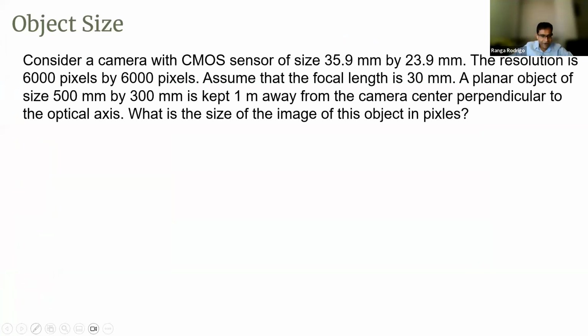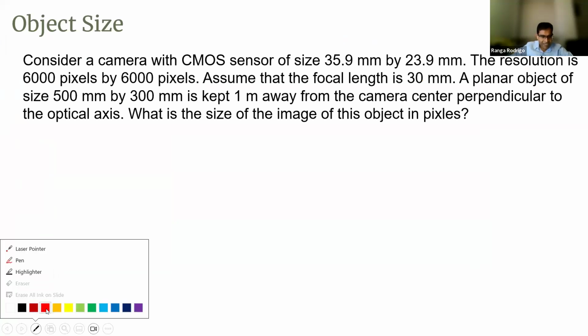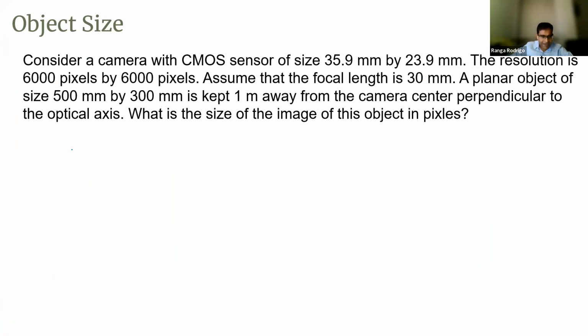So let's say if I draw this, the situation is like this now. There is the camera. Optical axis is like this. And we have a table or something.